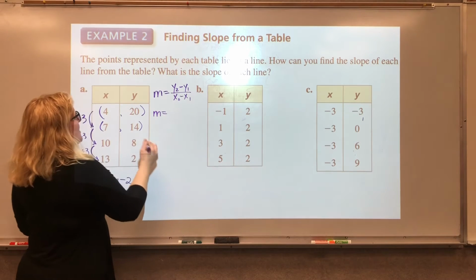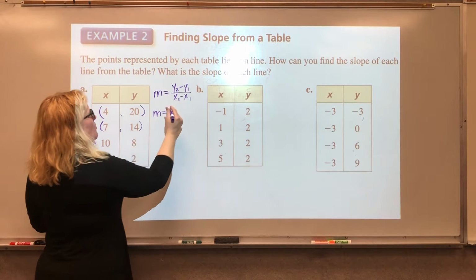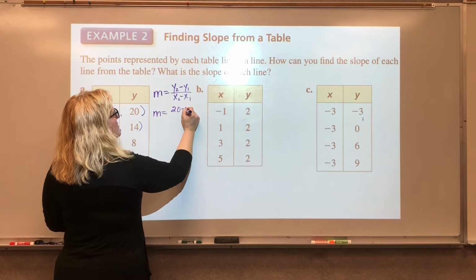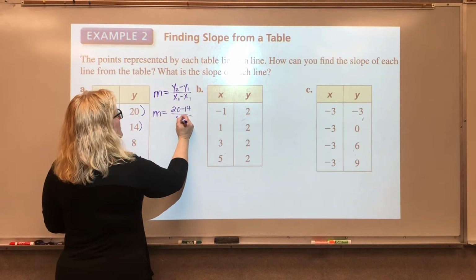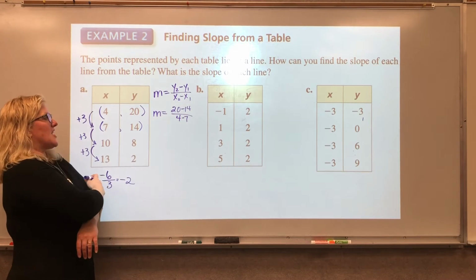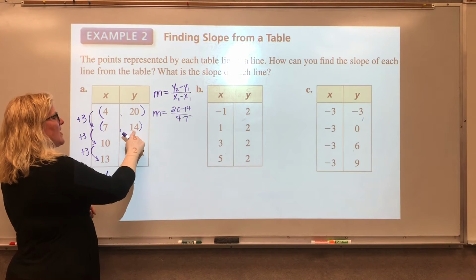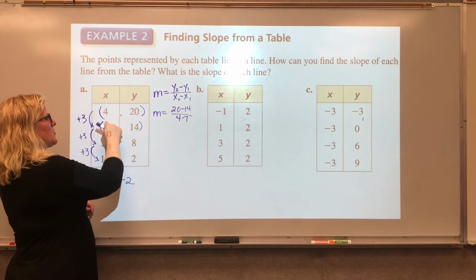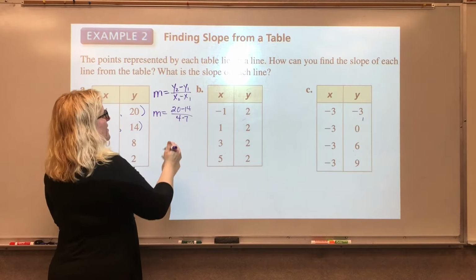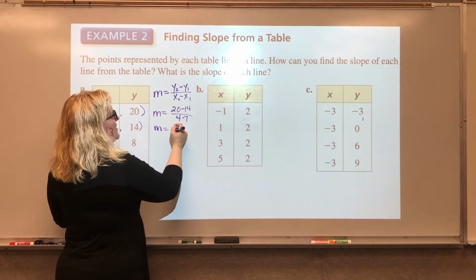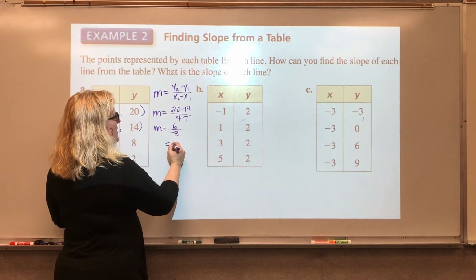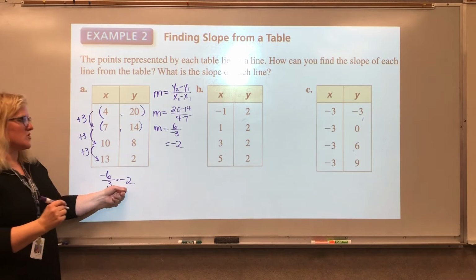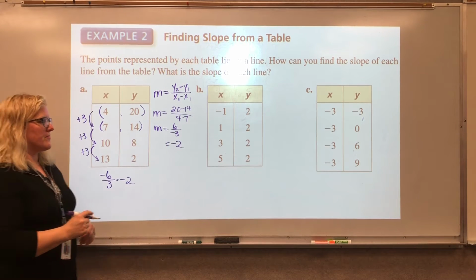So I'm going to take this y minus this y over this y minus this y. And it has to be the same order. So if I go here first and then here, it has to be this one and then this one. Okay, so this gives me 6 on top and a negative 3 on the bottom. So my slope is negative 2, just like what we saw before.